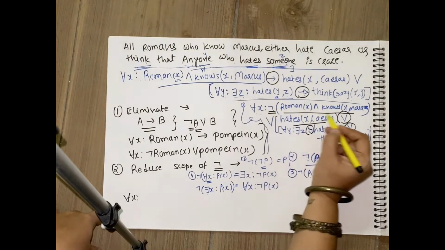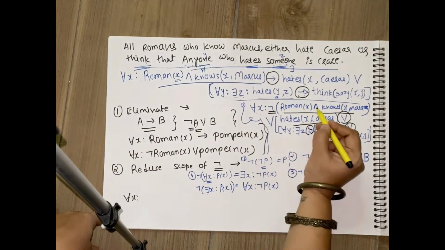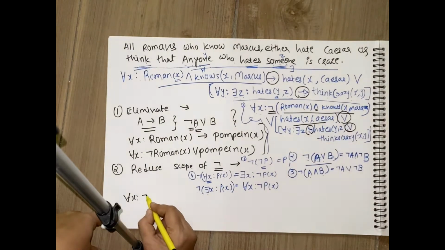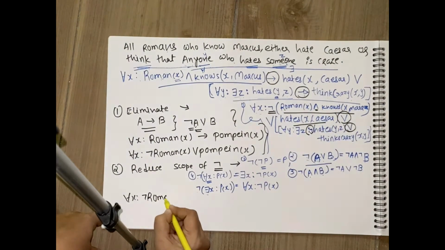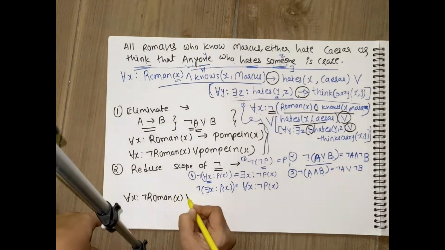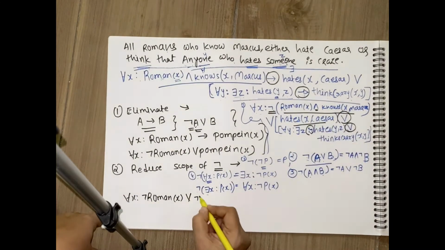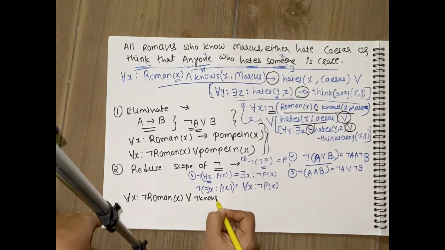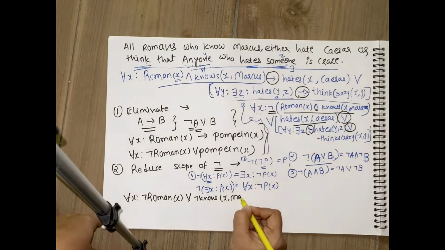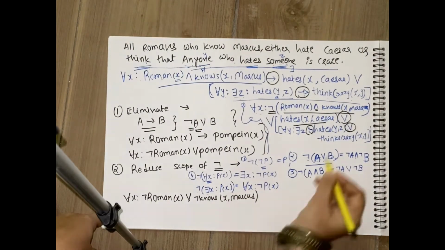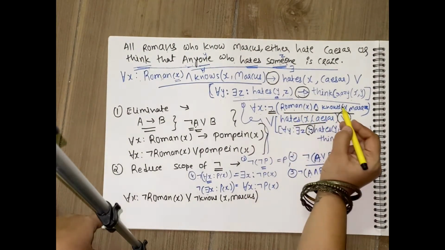Now not will be applied in this bracket. So not Roman x, and will be converted to or. So not Roman x or not knows x comma Marcus.